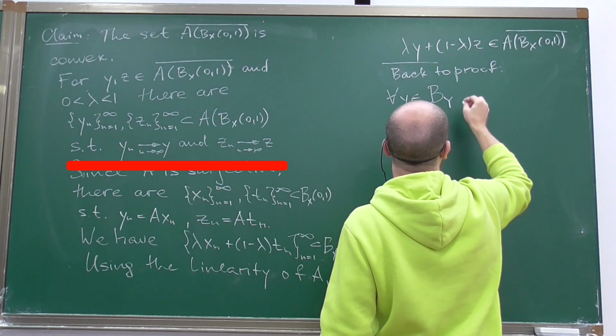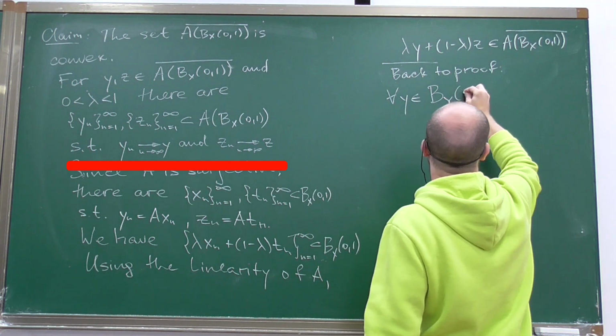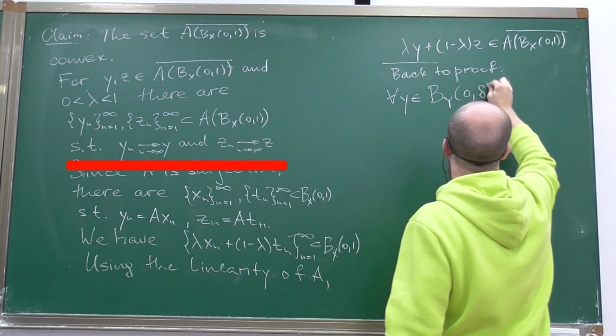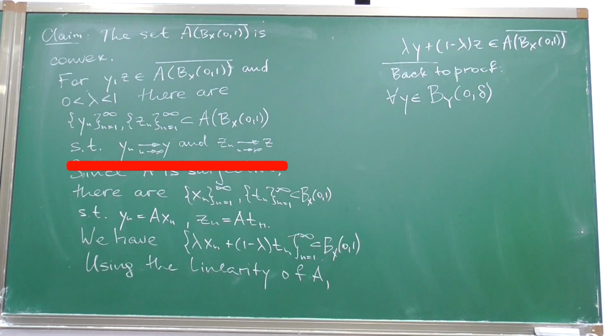From the ball centered at 0 and of radius delta. So over there we deduce that the closure of the image contains a ball which is of radius delta and which is centered at y0. Now I will show that this set contains the ball of the same size but centered at 0.